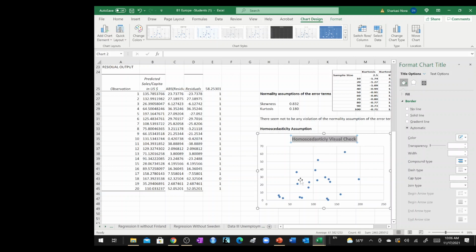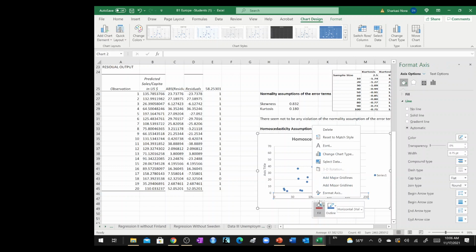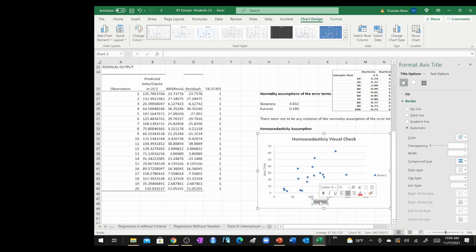As you guys know me already, I like to make sure very clearly that these are the values, 100 something. This is the dependent variable, right guys? So I'm gonna put on the x-axis the dependent, or sales per capita. And over here are the absolute residuals, right guys?